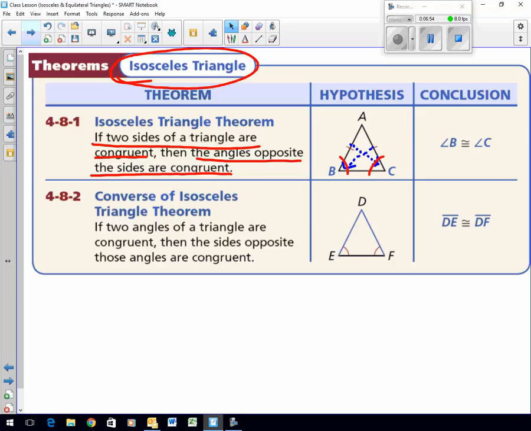That is true about every isosceles triangle. In an isosceles triangle, the angles opposite the congruent sides are congruent.